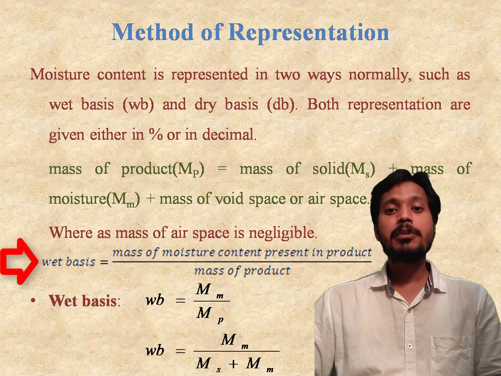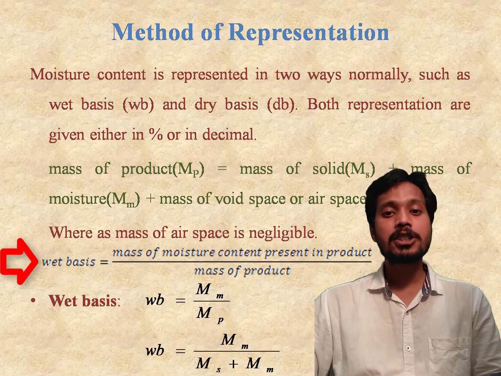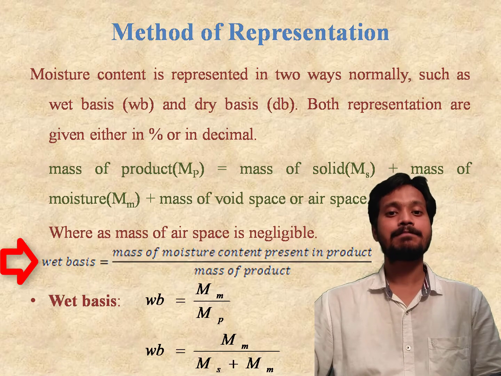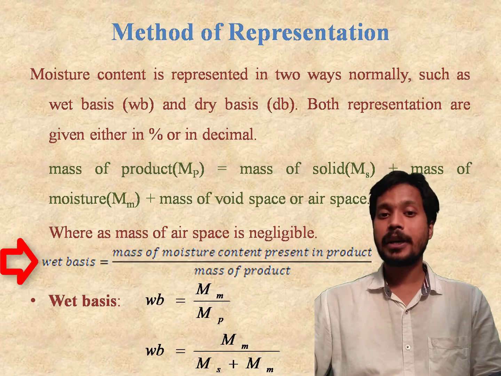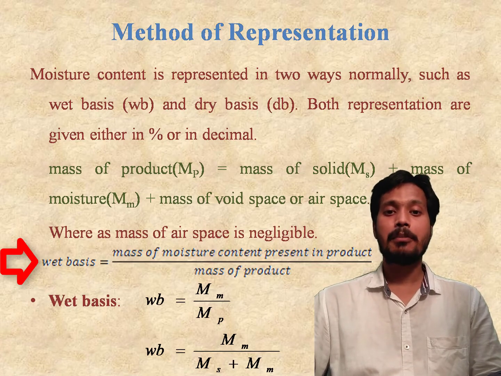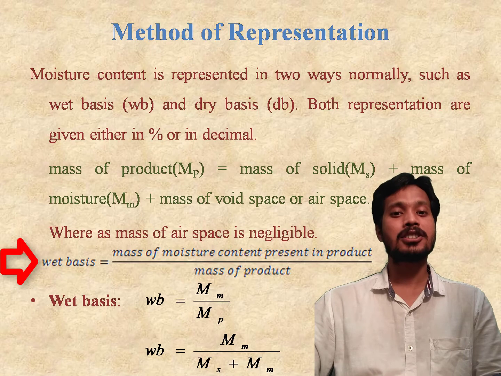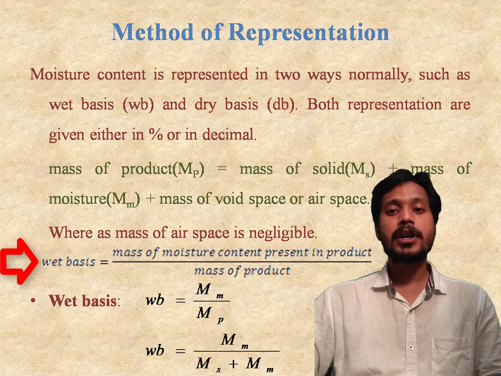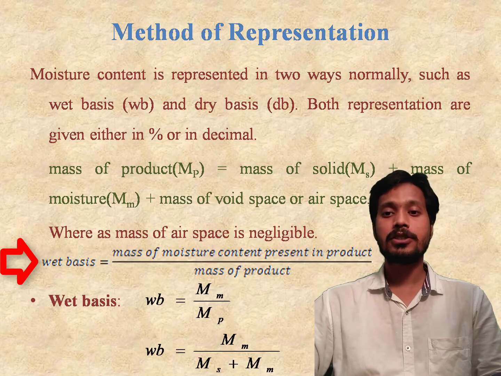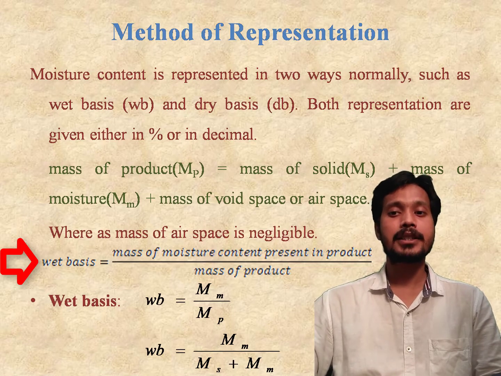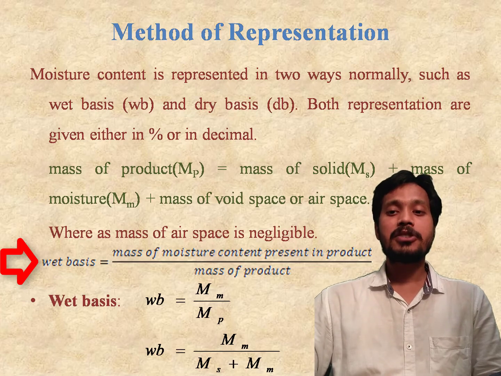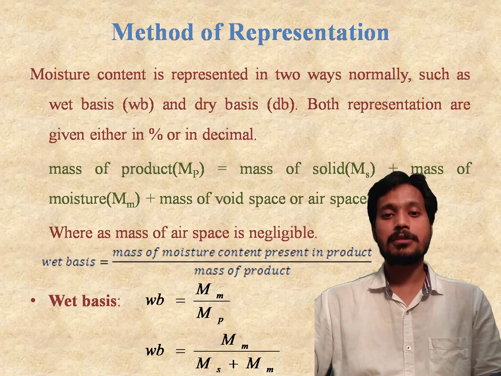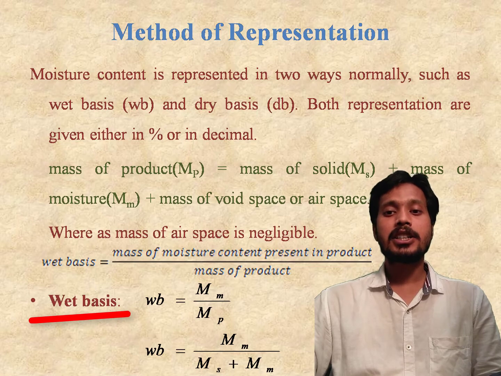So wet basis moisture, or percent wet basis of paddy, will be 40 divided by 100, meaning mass of moisture present in mass of product. So I can write wet basis equals mass of moisture present in the product divided by mass of product. If I give some nomenclature, then we can write WB equals mm by mp.